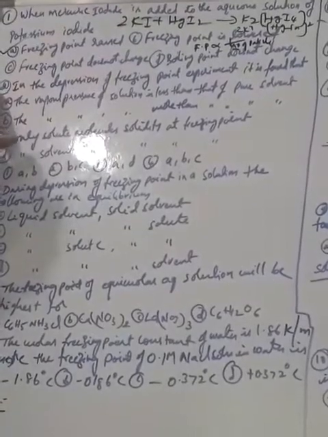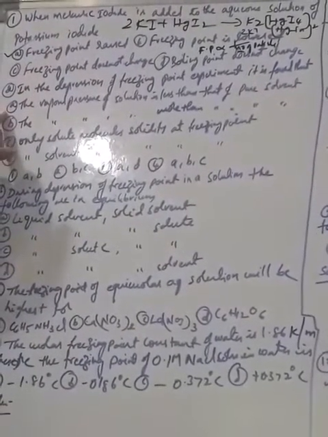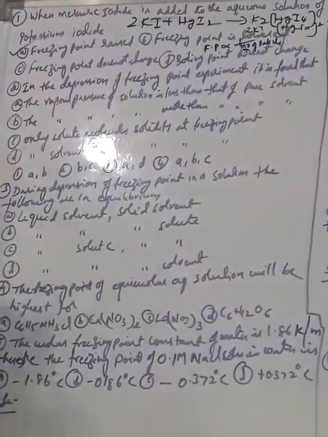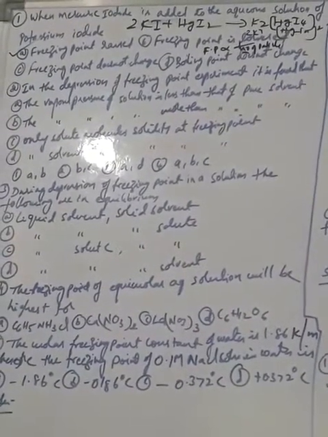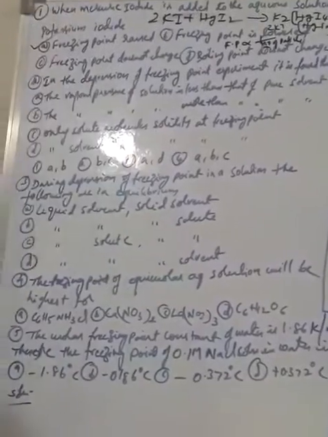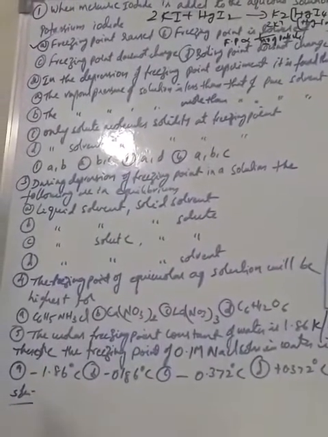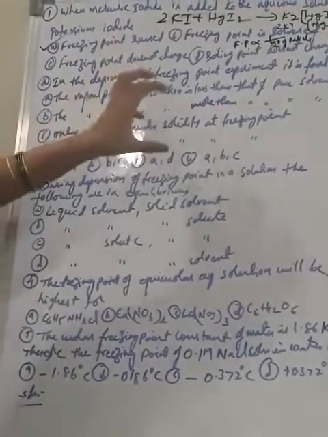Next, in the depression of freezing point experiment, it is found that A. vapor pressure of solution is less than that of pure solvent, B. vapor pressure of solution is more than that of pure solvent, C. only solute molecules get solidified at freezing point, D. only solvent molecules get solidified at freezing point. This is purely concept basis. So for pure solvent, freezing point is always more.